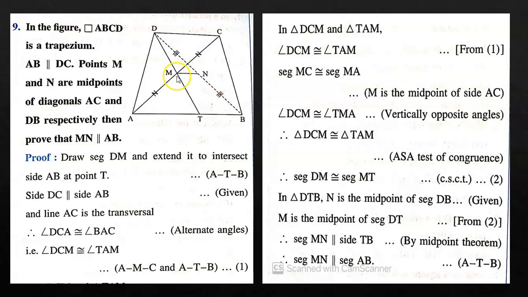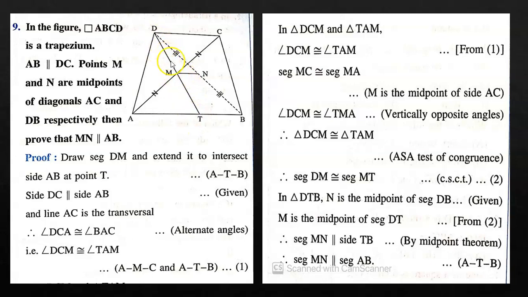Now in triangle DTB, I have N as the midpoint of DB. This is given information. And I have M as the midpoint of DT from statement 2. See over here, I have DM congruent to MT. That means M will be the midpoint of this particular segment.